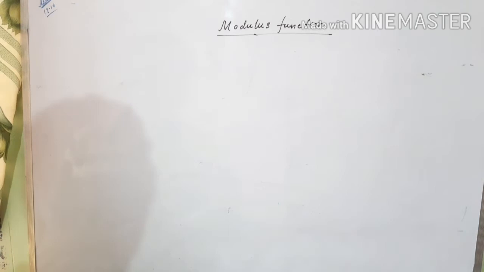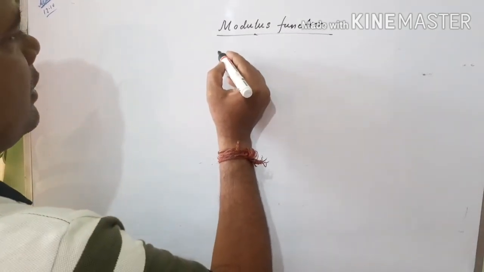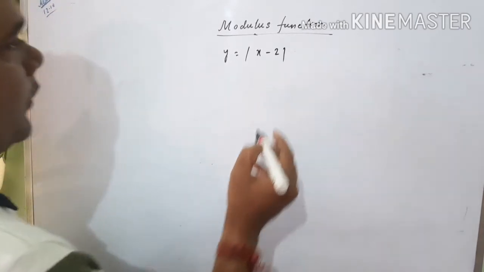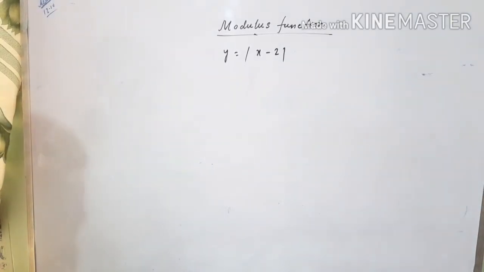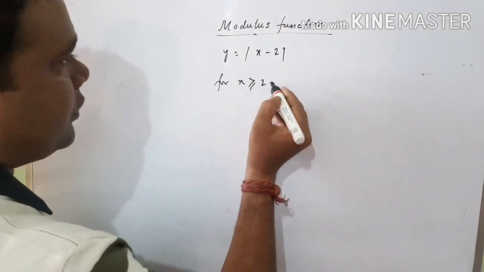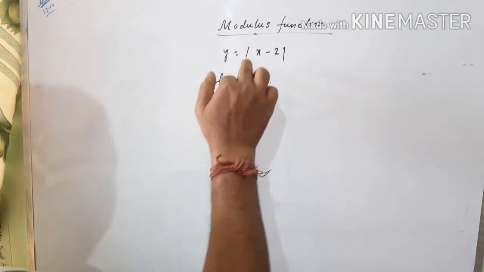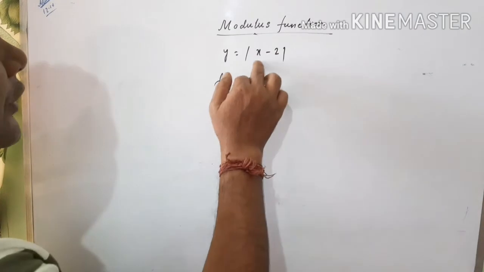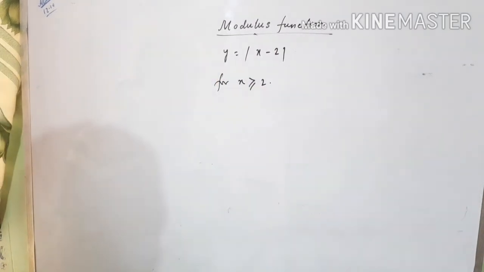Now let us discuss a mod function like this, mod of x minus 2. Now we see that if any value inside the mod is positive or non-negative, then if we remove the mod, there is no change. Now if you consider x greater than or equal to 2, then what will happen? x minus 2 is greater than or equal to 2 minus 2. So I am getting a value inside the mod which is either 0 or positive.